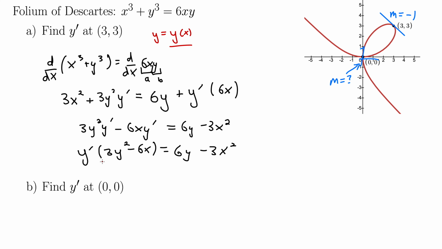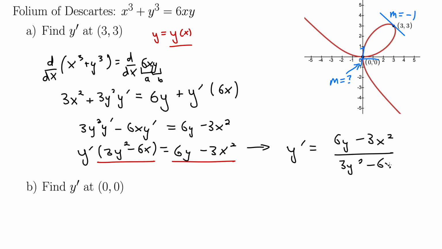And now I will divide out by all the stuff attached to the y prime. So in this case, 3y squared minus 6x. Divide by that, giving us a final expression for y prime. y prime equals (6y minus 3x squared) all over (3y squared minus 6x). So there's our derivative.